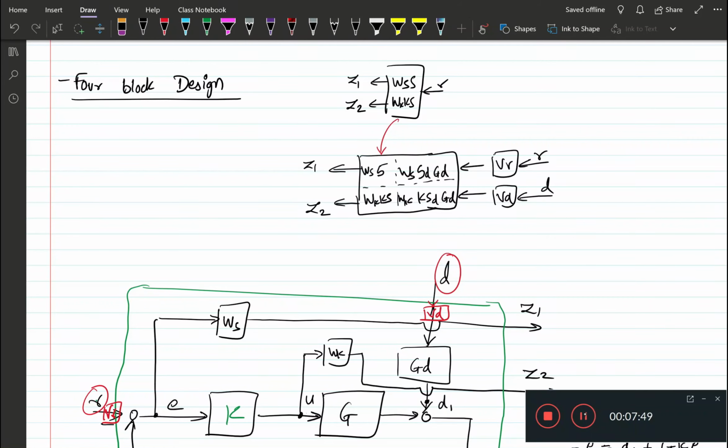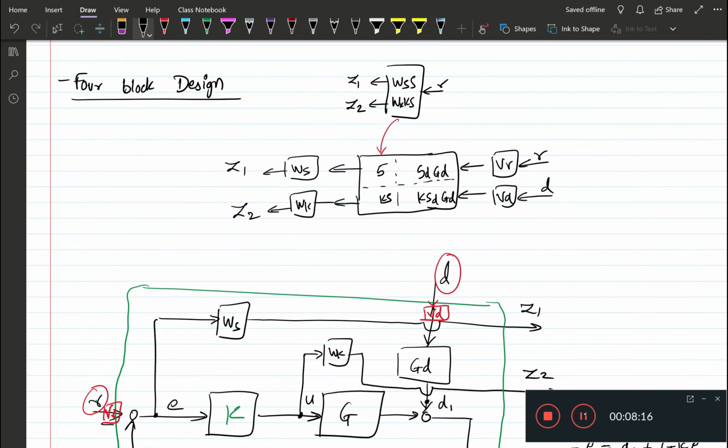In fact, we could also write this, we could pull out the WS and the WK here, and then have Z1, Z2.